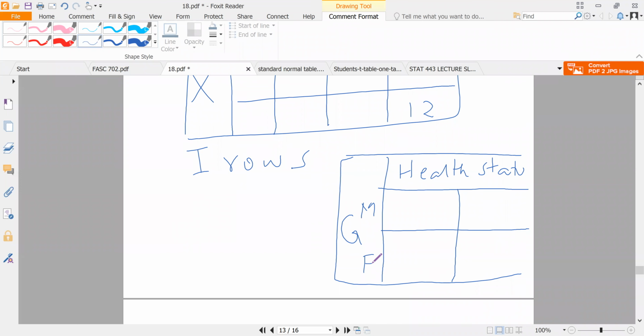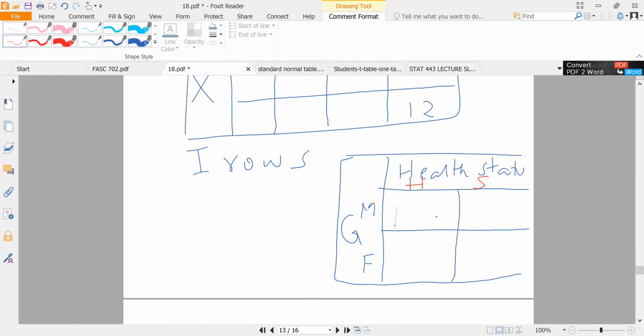In the health status, you can be healthy, H, or sick. So the cells in here are possible combinations of the possible outcomes.